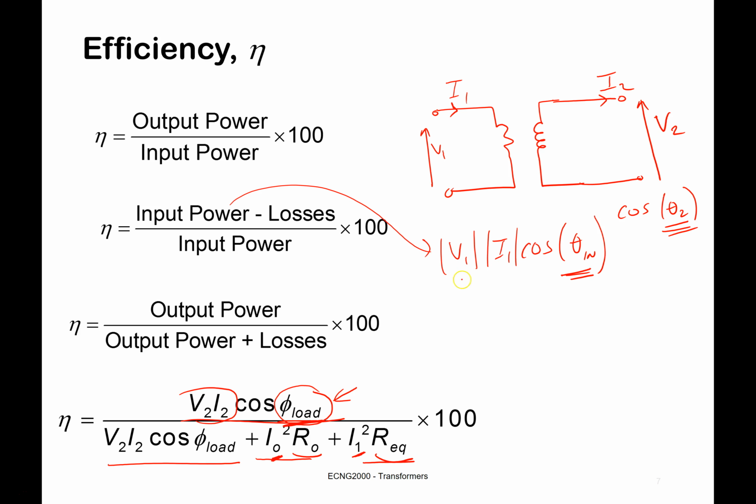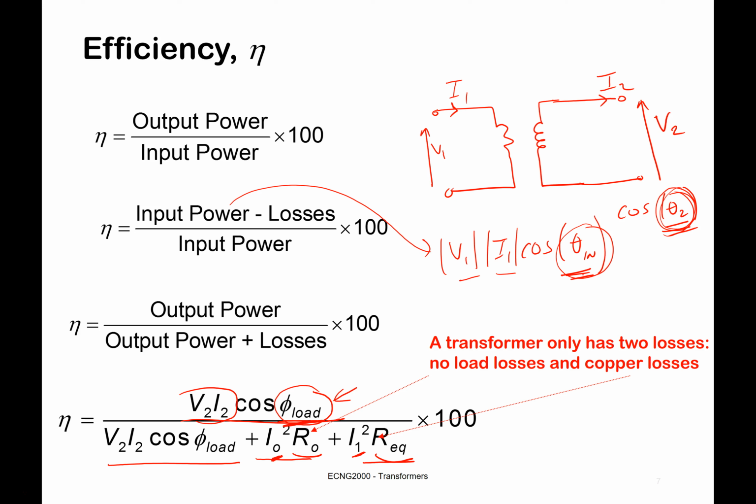Make sure when you're finding the power that the power factor corresponds to the position in the circuit that you're looking at. This is a very common mistake. Sometimes people use the power factor for the output at the input, or the power factor for the input at the output. So make sure that you use the power factor for the correct terminals with the corresponding voltages and currents for those terminals.